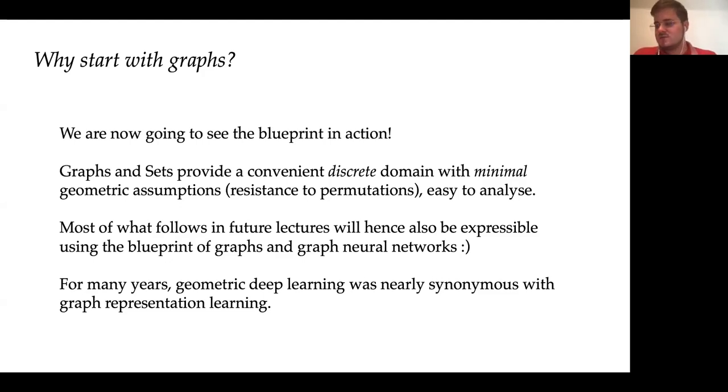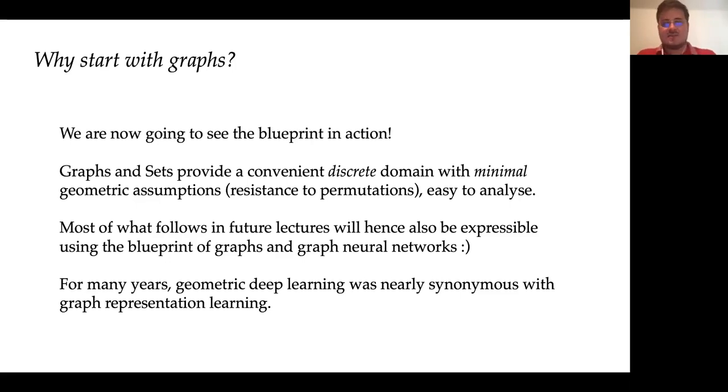And also, conversely, if you squint hard enough, literally every domain you'll ever encounter can be seen as a graph. And as a result, pretty much all the architectures we're going to derive in this course can be seen as instances of graph neural networks. So, also from a generality point of view, it makes sense to start with graph neural networks, and then retroactively, as we go through the course, show how many of the existing architectures relate to graph neural networks.